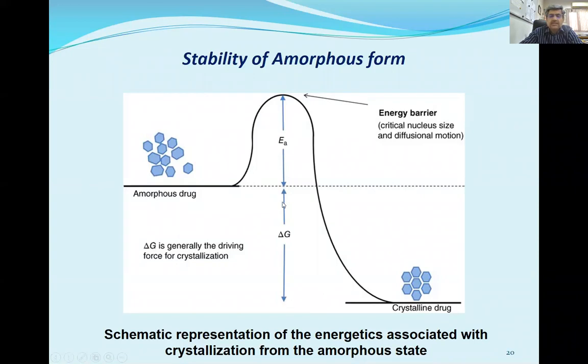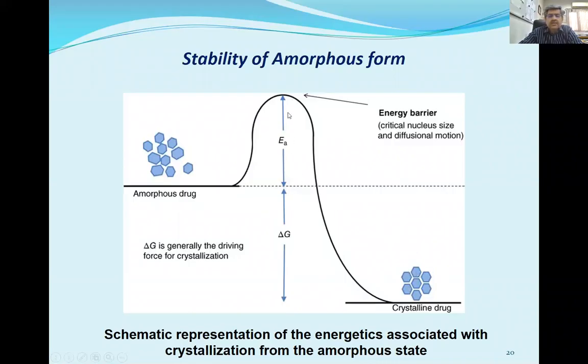And this is the difference between the free energy of the amorphous form and the crystalline form. Amorphous form, after crossing this energy barrier, what is also called the activation energy barrier, will start converting to the crystalline form because the crystalline form has the lower free energy. Nature always prefers systems to acquire the lower free energy state.